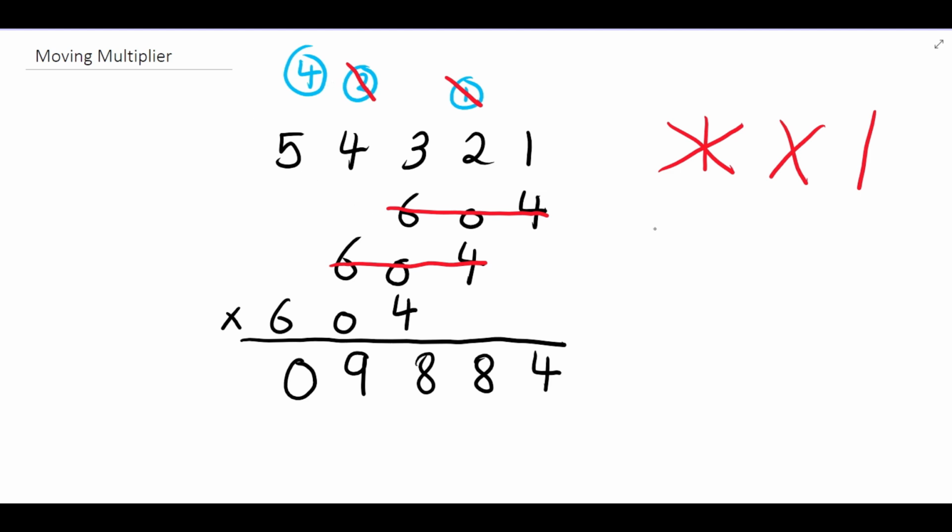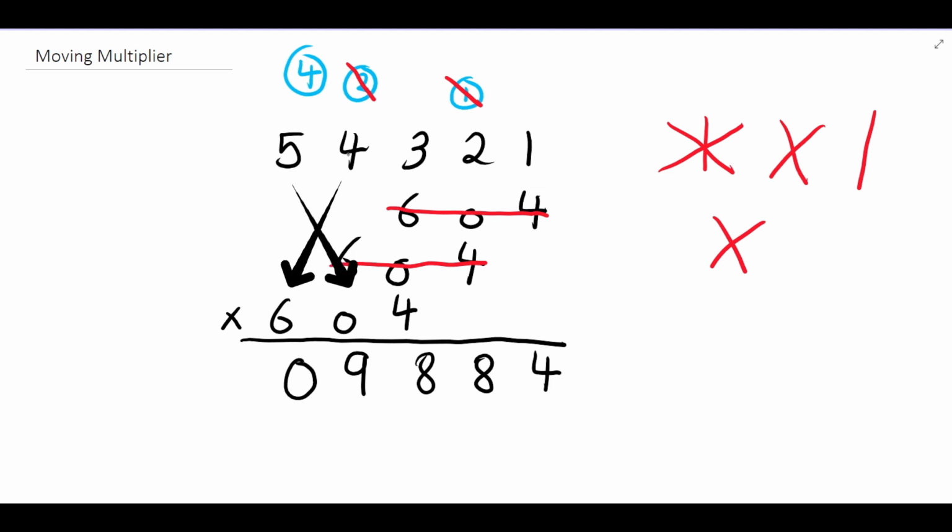And here now you can move back to regular cross because you can no longer move the digits further leftward. So we move on to 2 cross.